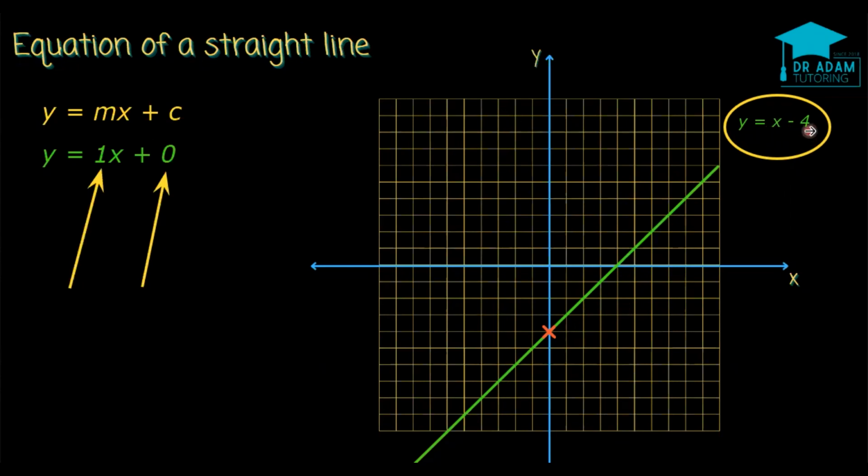What that means is that the constant that we are adding corresponds to the y-intercept of the straight line. And this is true for all cases. So this constant value here corresponds to the y-intercept.